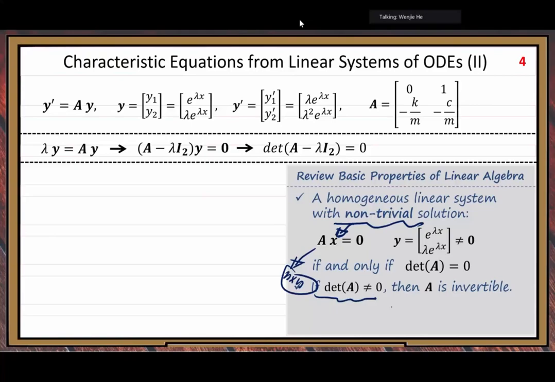Here is another linear algebra property related to our result. We also have that if the determinant of A is non-zero, then the A matrix is invertible.